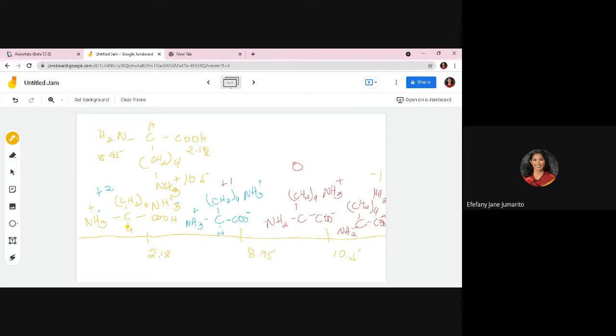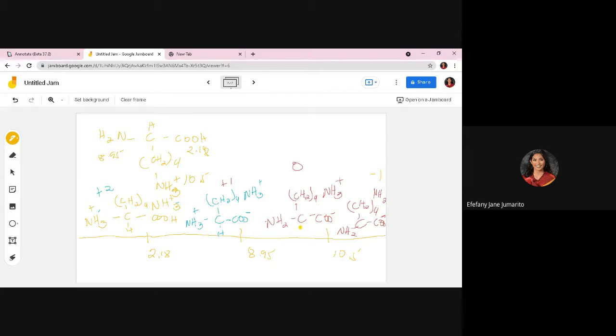To summarize, under acidic solution, your N will be protonated, so it will become positive. And then under the next condition, your carboxyl group will lose a proton.